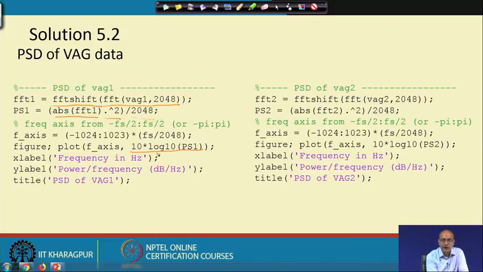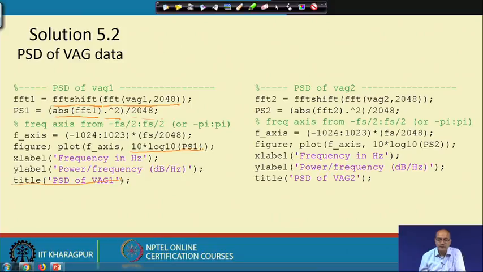So, we take logarithm to the base 10 and multiply with 10, and then we label the x axis and y axis. Okay? And also we write the title.